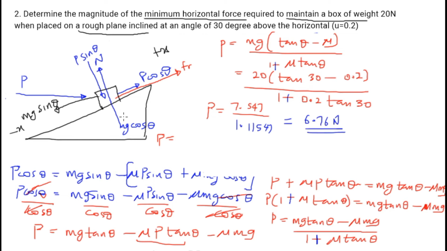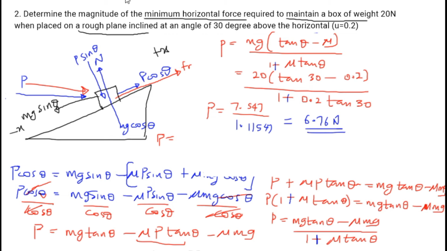So 6.76 newtons is the minimum horizontal force that is applied right here to the object, which will prevent it from sliding down the inclined plane.